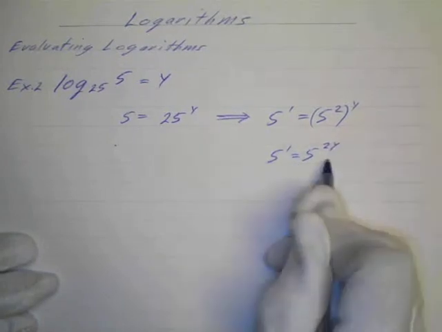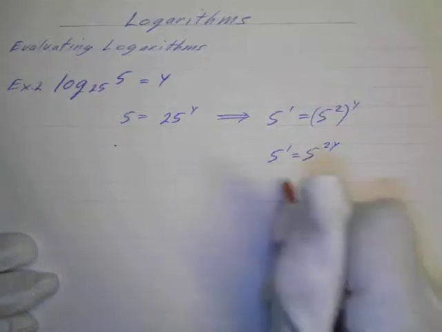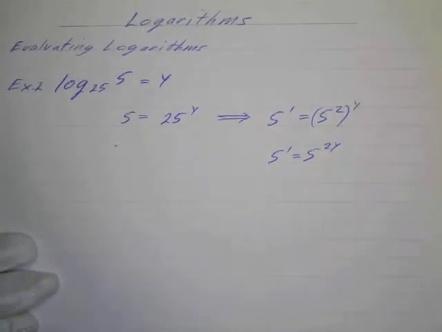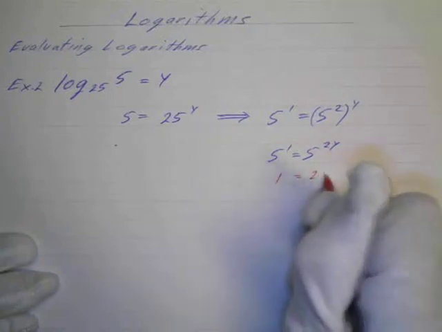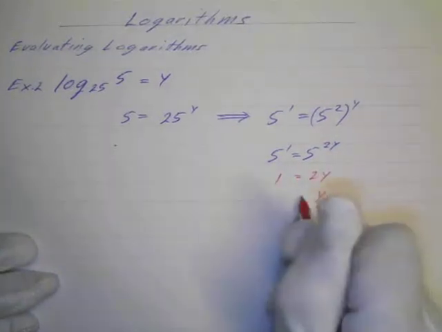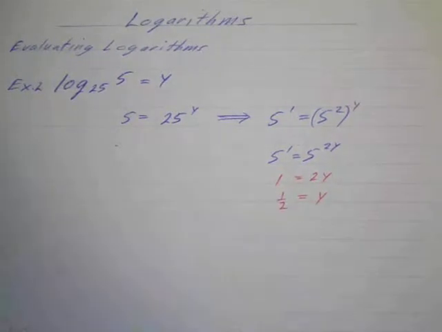And now my bases are the same, so therefore the exponents are the same. So I could say that 1 equals 2y. And if I divide both sides by 2, y equals 1/2. So that's 1/2. Okay, let's try another example.